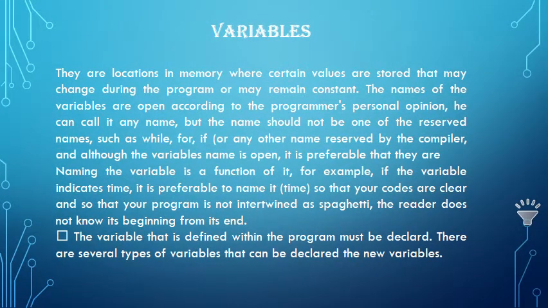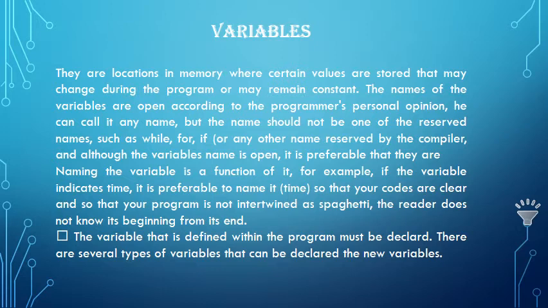Variables. They are locations in memory where certain values are stored that may change during the program or may remain constant. The names of the variables are open. According to the programmer's personal opinion, he can call it any name, but the name should not be one of the reserved names, such as while, for, if, or any other name reserved by the compiler.